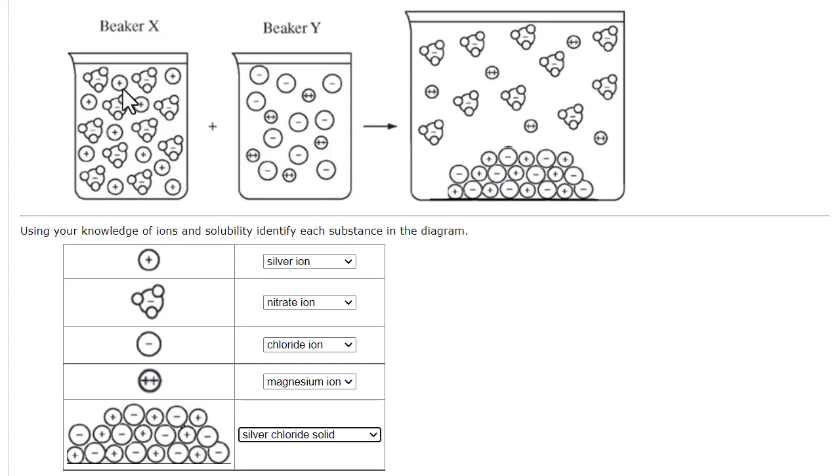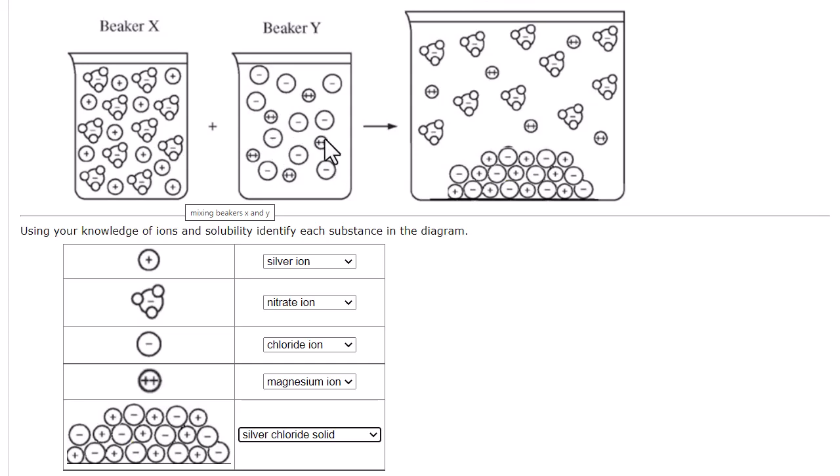We've got 1, 2, 3, 4, 5, 6, 7, 8, 9, 10, I think. There are 10 particles of silver, and I bet you there are 10 of nitrate here. If you want, you can count them. Now, here, it looks like it's a little bit less packed, so we might think it's a little bit less concentrated. Now, we've got magnesiums here, and we've got chlorides.